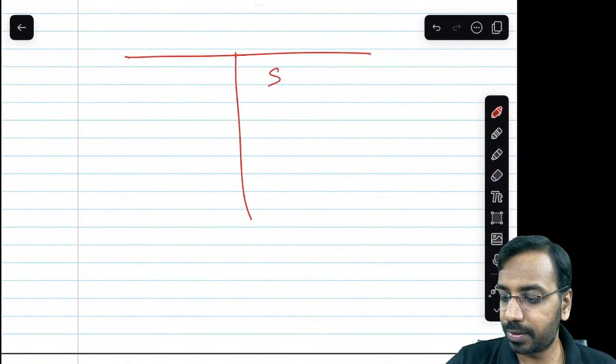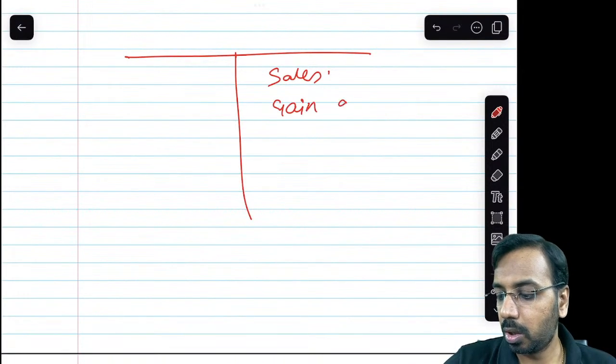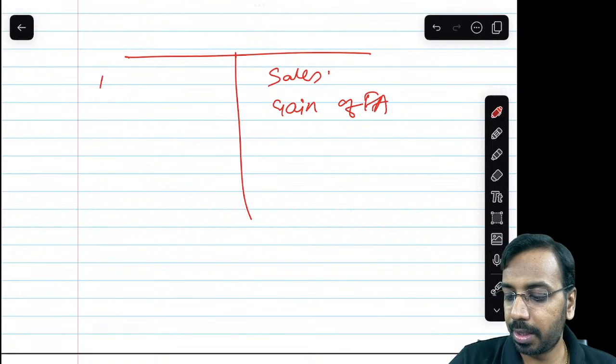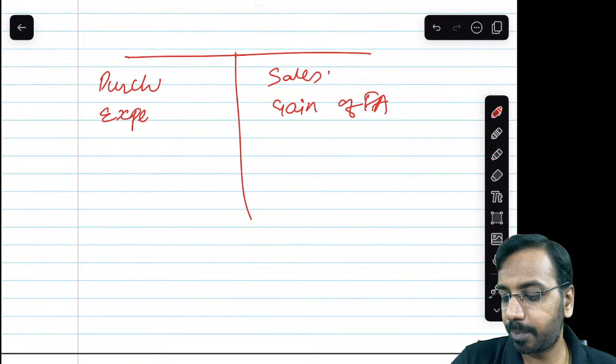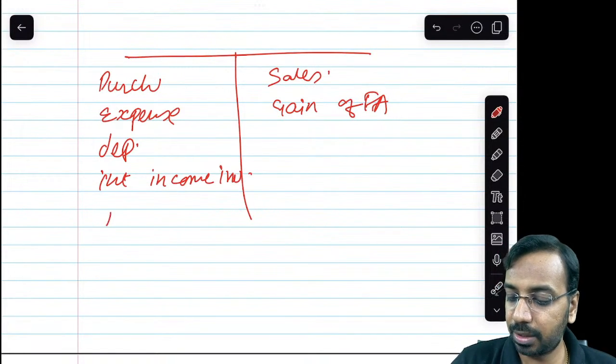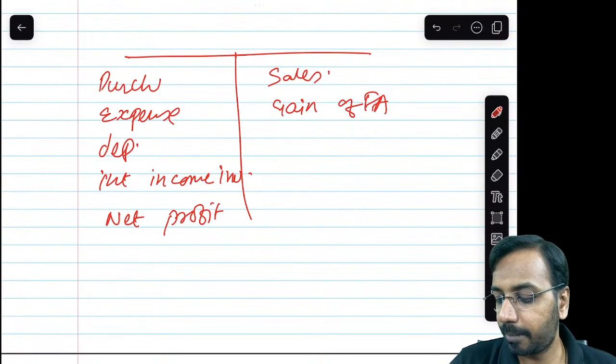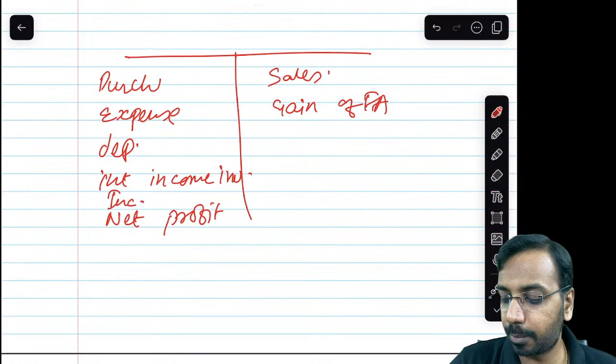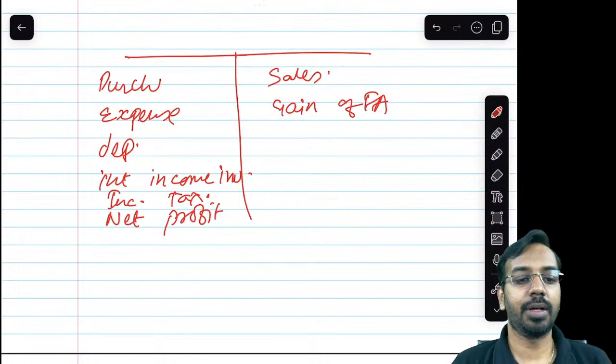You have sales. Let us say you have gain on sale of fixed asset, you have purchases, you have expenses, you have depreciation, you have interest income on, let us say, investment, and let's say you also have income tax, and then you have net profit.